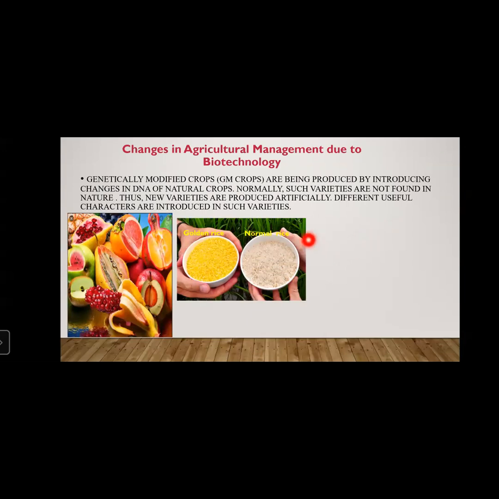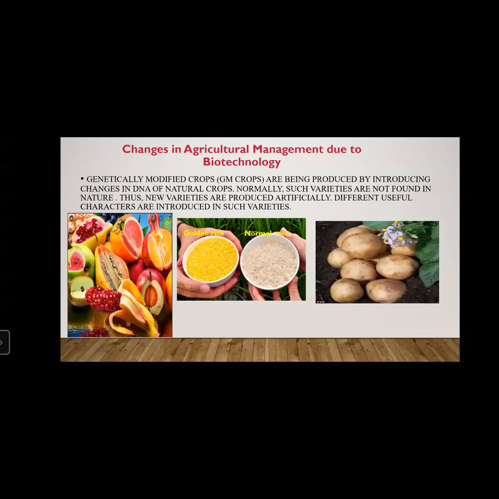Golden rice is one of the genetically modified crops. Normal rice generally gives us only carbohydrate, but genetically modified golden rice provides carbohydrate. Besides that, it also provides a vitamin A precursor, okay, because of which vitamin A can be synthesized within our body.